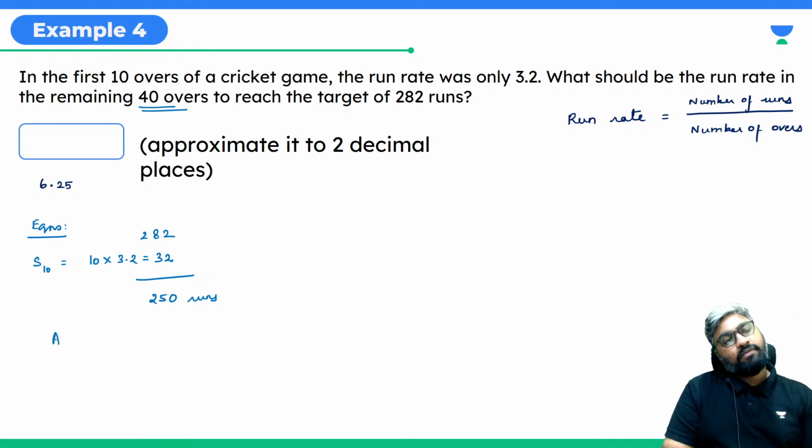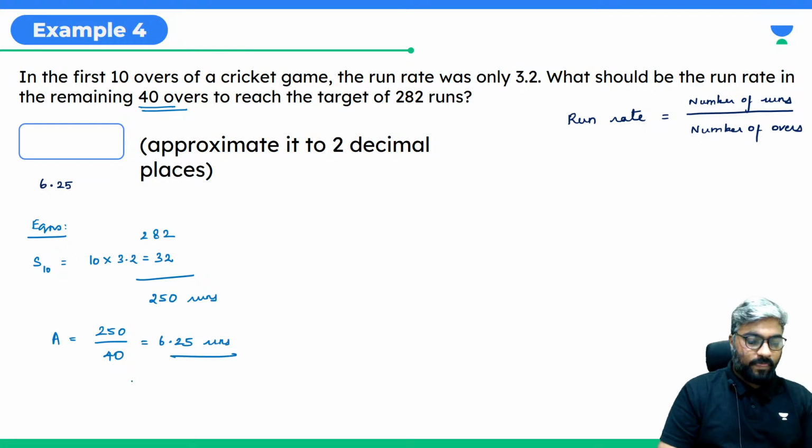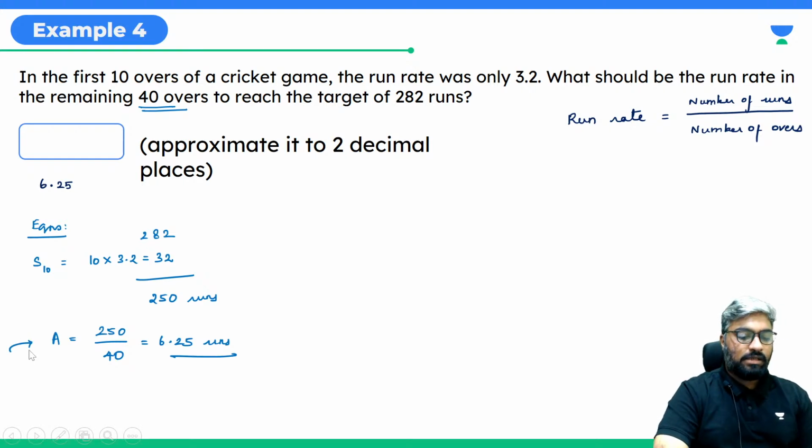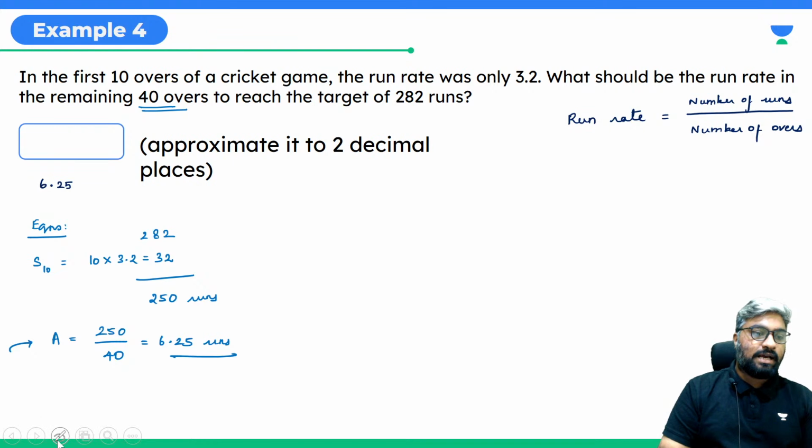So average will be what? 250 runs in 40 overs. 25 by 4 is 6.25 runs. Make sense? It's easier with equations in this case. Yeah, let's try with the weighted average. Let's see how that works out. Yes, weighted average.